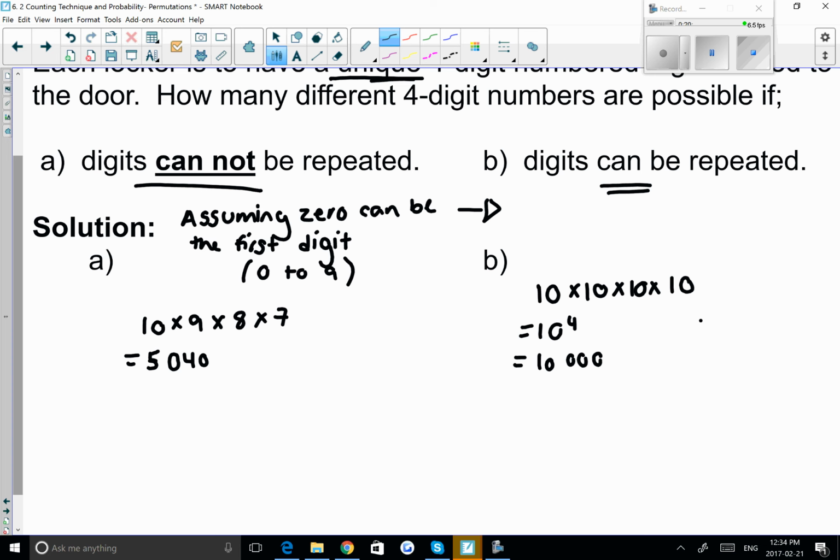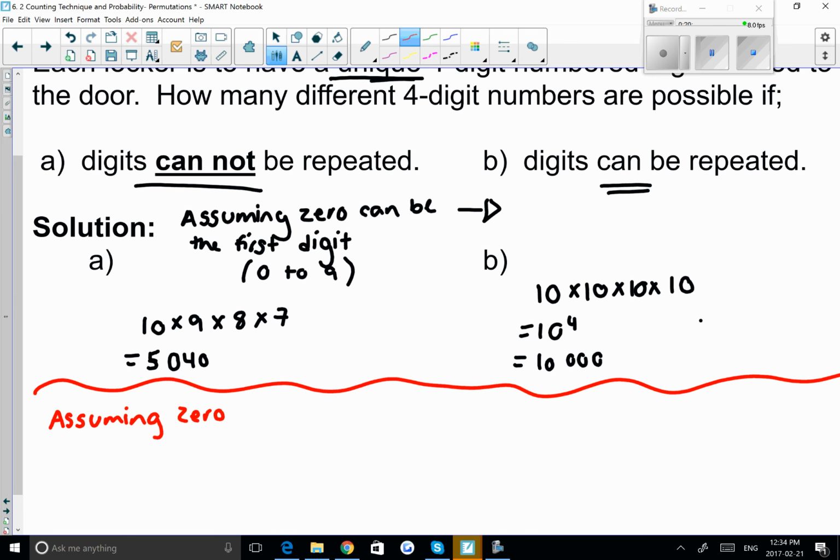I'm just going to add a little twist to this. Let's assume another assumption: that you can't use 0 as a beginning number, because usually we don't have 0 starting off. So I'm going to make another scenario.